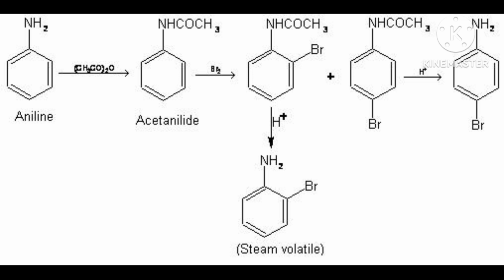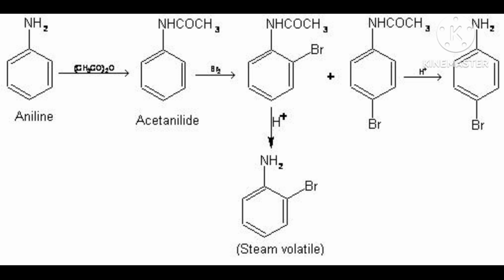H2SO4 compels this C-H bond to break, because as soon as H2O is formed from H plus and OH minus, that H2O is quickly absorbed by H2SO4, since H2SO4 is a dehydrating agent. Correct?